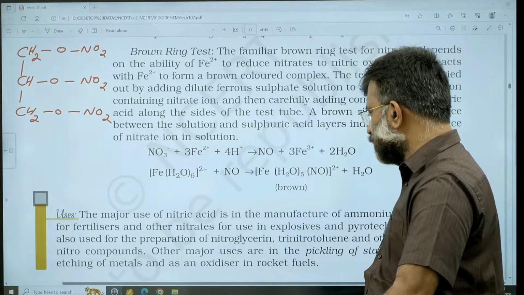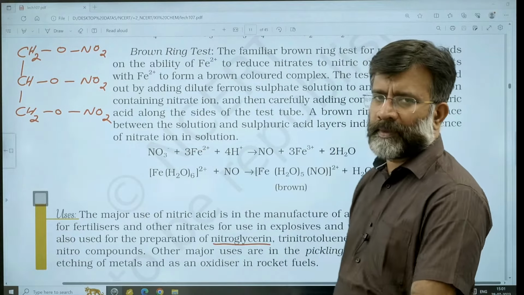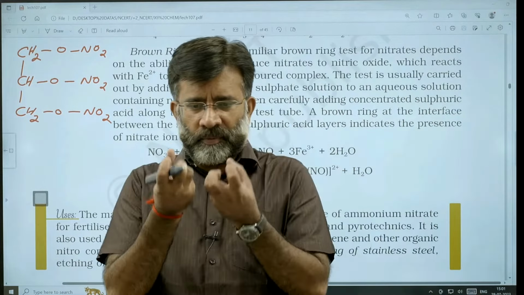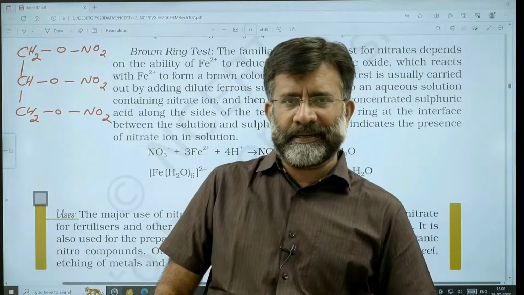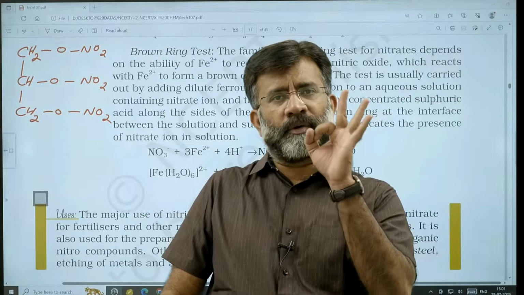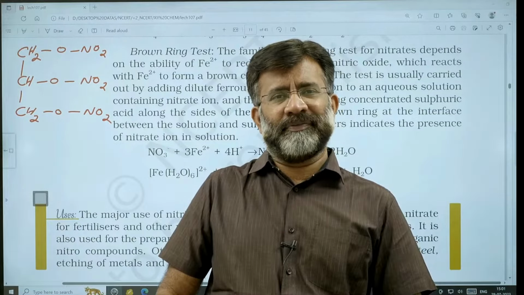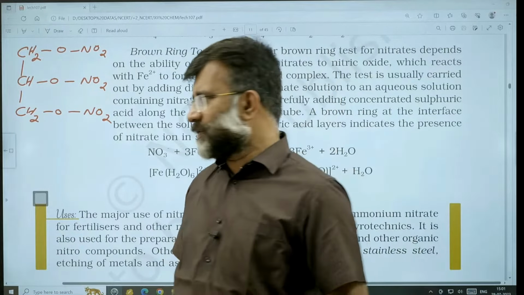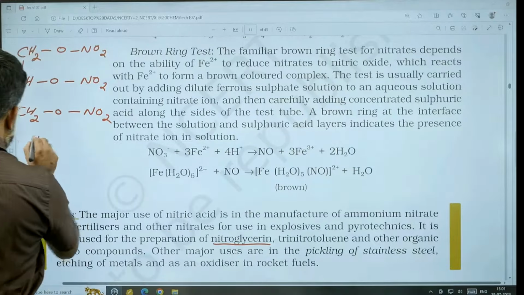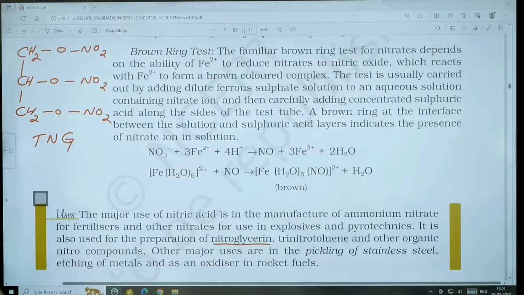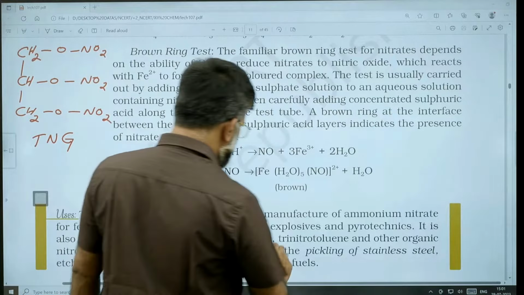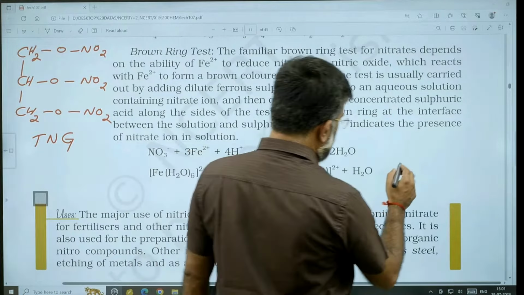Trinitroglycerin, simply called nitroglycerin, is the chemical absorbed in kieselguhr or a clay type material to make the controlled explosive dynamite. Dynamite makes use of TNG, trinitroglycerin. Then trinitrotoluene, TNT, a very popular chemical.